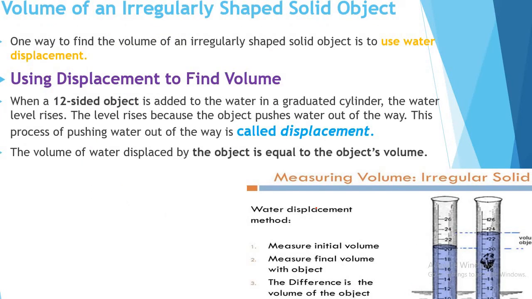What about irregular shapes? The volume of an irregularly shaped solid object.